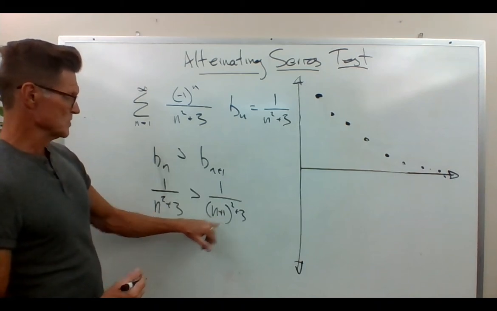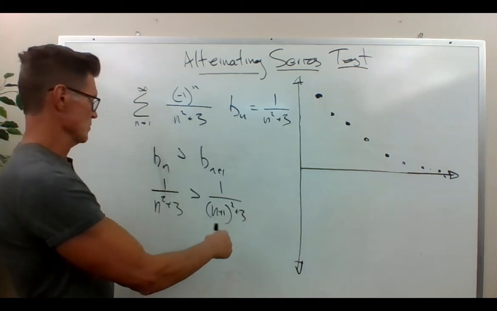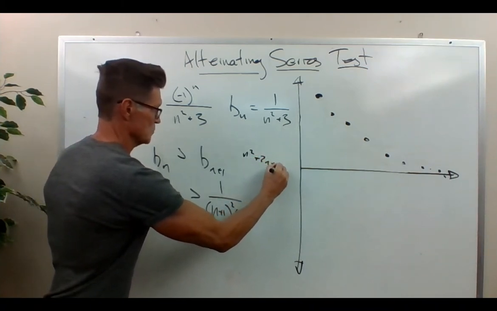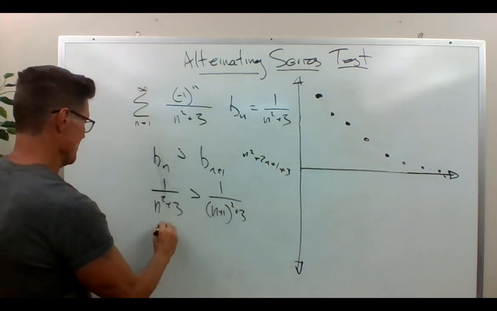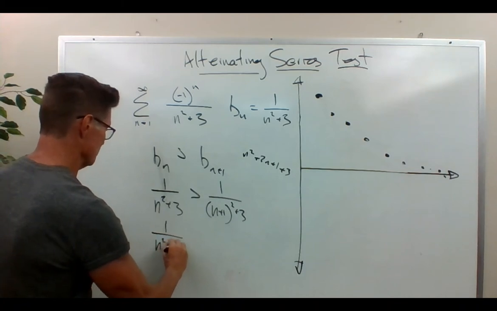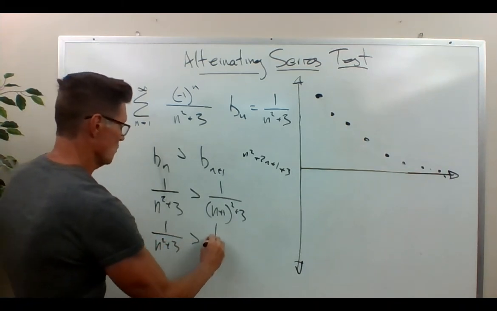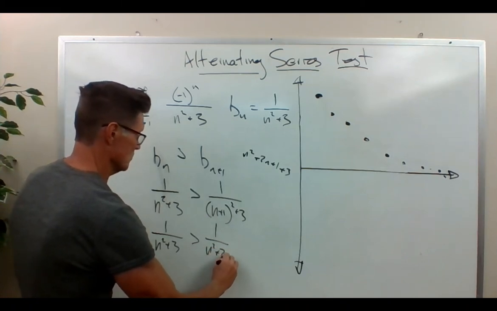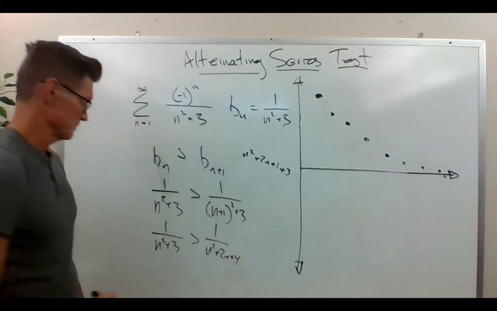Now n plus 1 squared, let's just do that over here. That is going to be n squared plus 2n plus 1 plus 3. So we have 1 over n squared plus 3 is greater than 1 over n squared plus 2n plus 4.